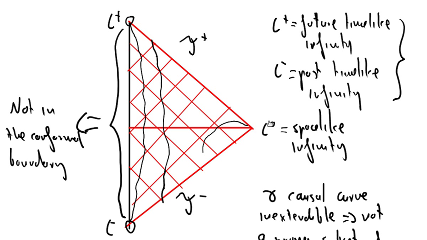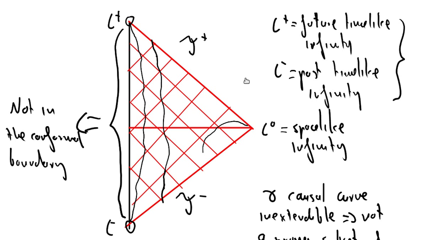The separation of I naught in this two-dimensional diagram is more natural, because here we see that the conformal boundary is not smooth. So that's the point. But this is one of the reasons.